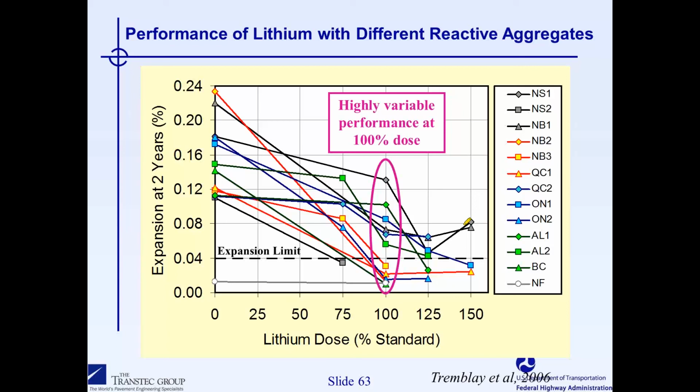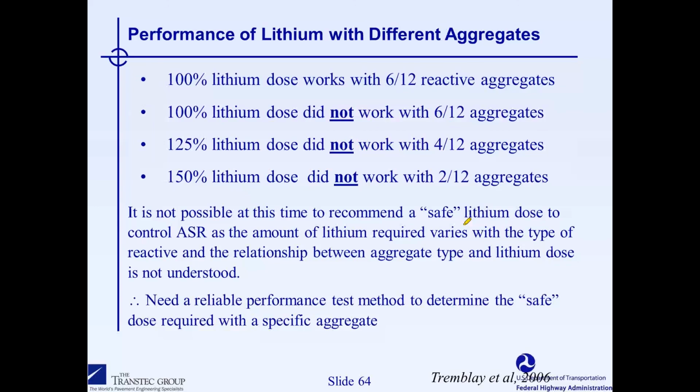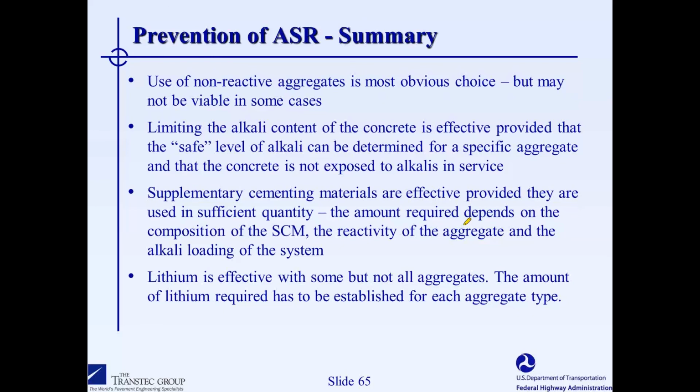As a consequence of this, in the Canadian standard, we moved away from allowing lithium to be used on a prescriptive basis, and we require a performance test. We require that the aggregate be tested with the lithium to determine how much you actually need. And that says in writing what I've just explained, so I'm going to skip over that.